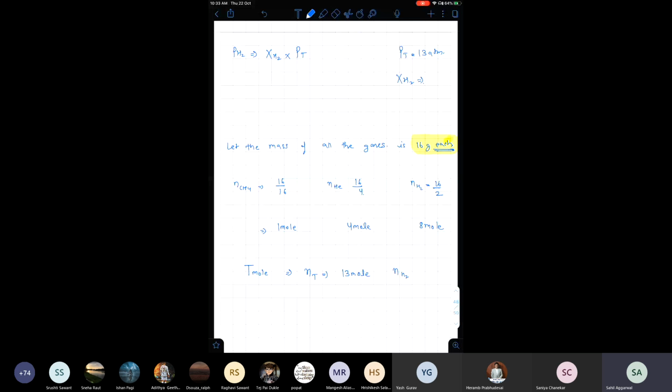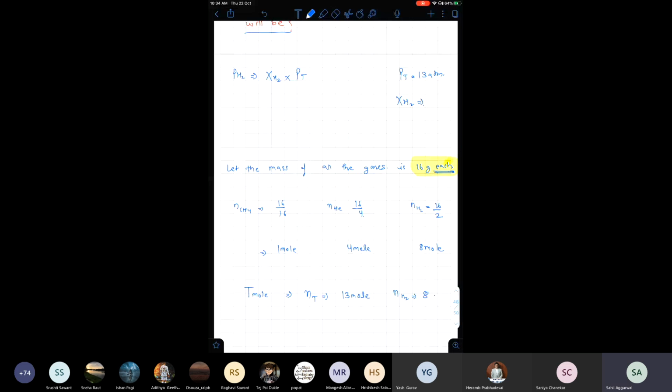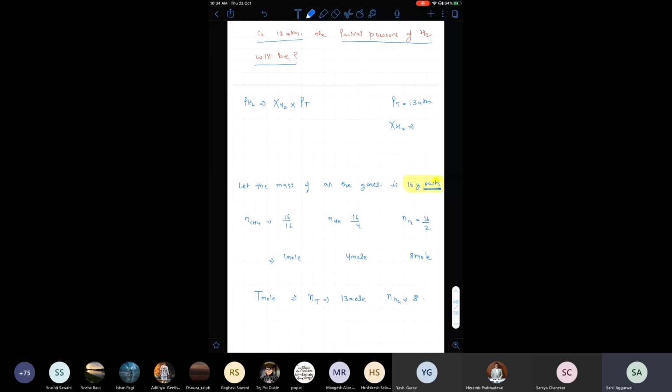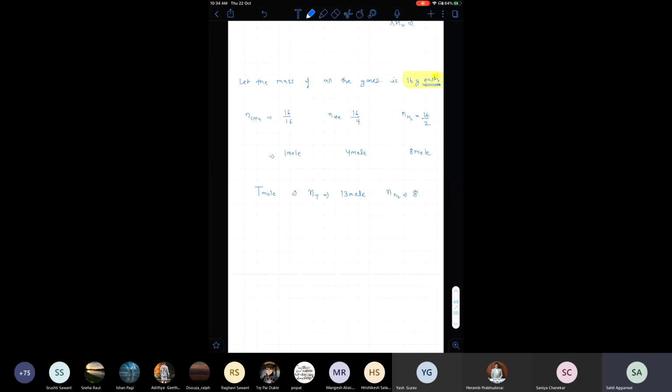And the moles of hydrogen we know is 8. Understood? Now we can put in the main formula. Partial pressure of hydrogen is 8 by 13 into 13, which is 8 atmosphere.